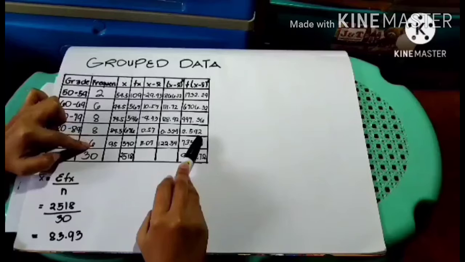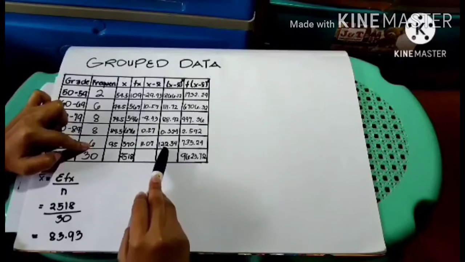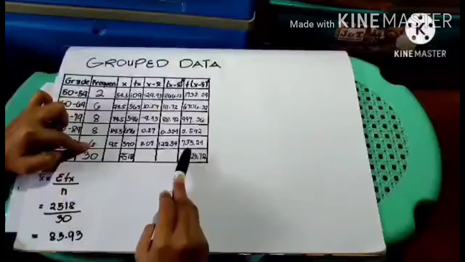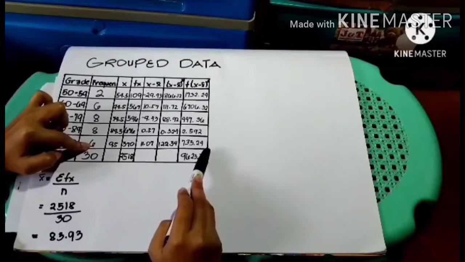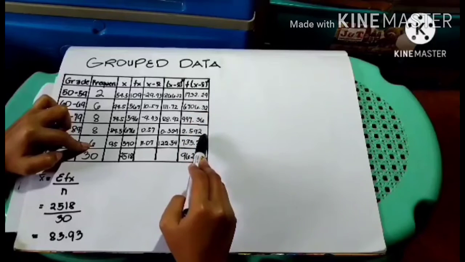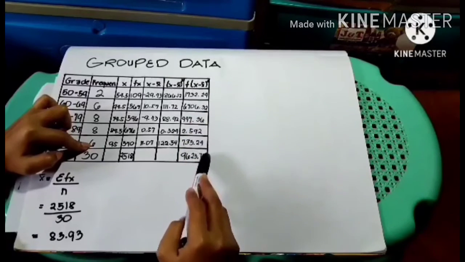And the last is 6 times 122.54, which is equal to 735.24.